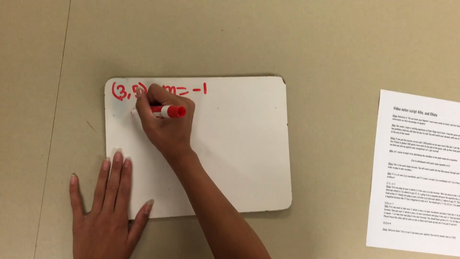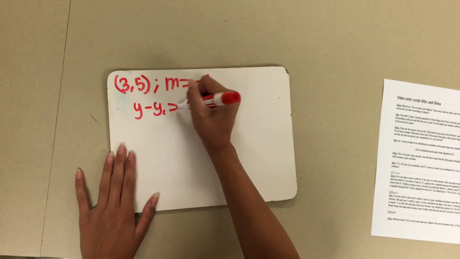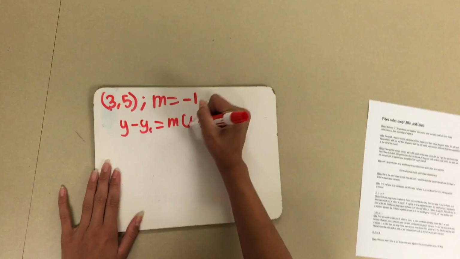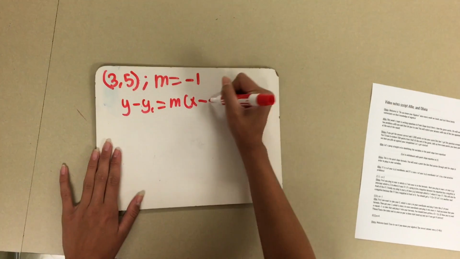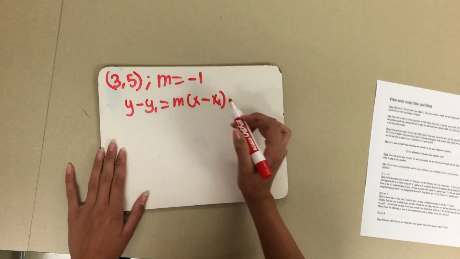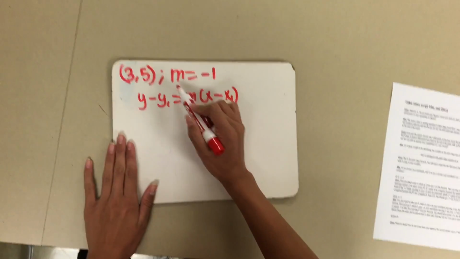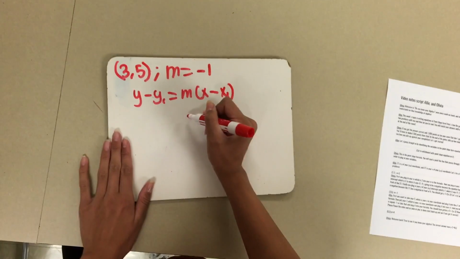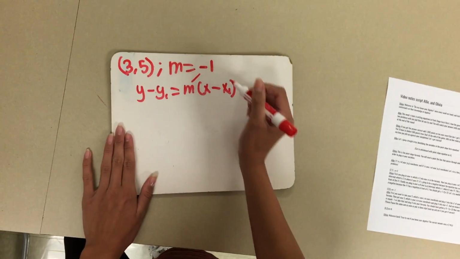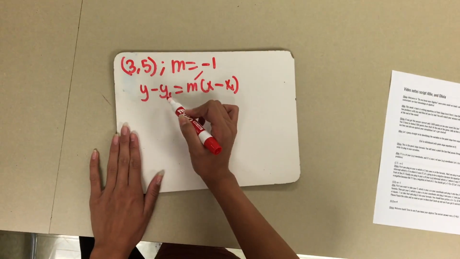Okay, so we know that y minus y1 is equal to m times x minus x1 is our point-slope equation. So to put this into the equation, we have to take the m, which is negative 1, and put it right here. And then we take the 5, which is the y, right here.